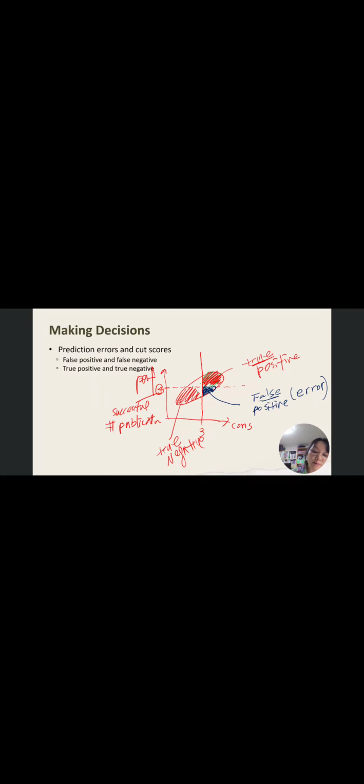How about here? Right? You say no, because based on conscientiousness score, it's less than 3. So it's a negative. But they turn out to be really good. They're publishing more than 4. So they turn out to be successful.